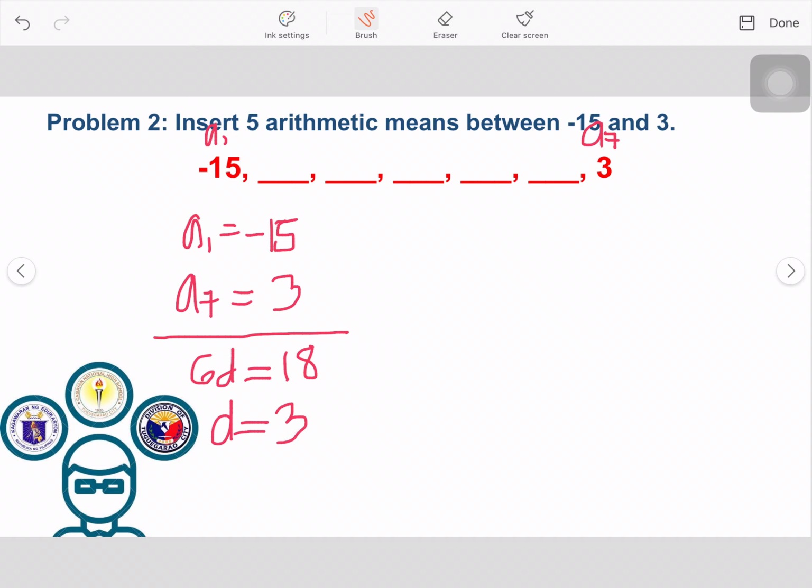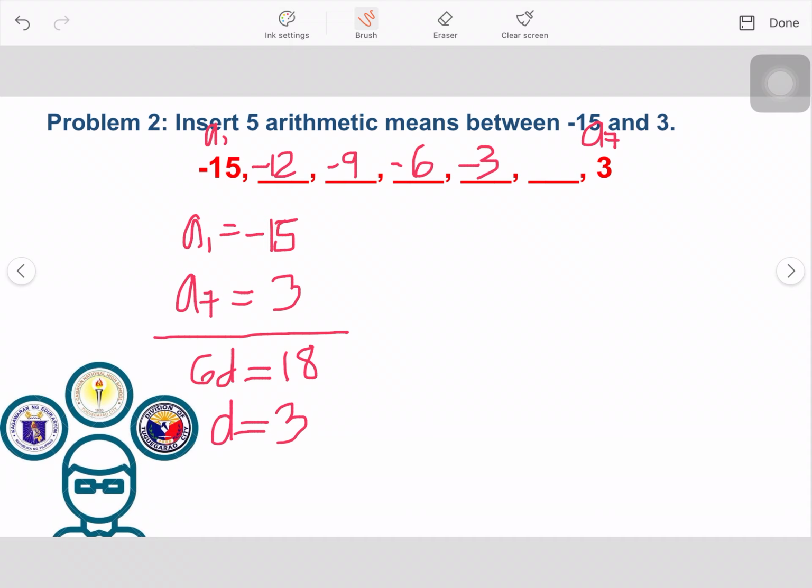Since I now know the common difference, I could get the second term. Negative 15 plus 3 gives me negative 12. Negative 12 plus 3 gives me negative 9. Negative 9 plus 3 will give me negative 6. Negative 6 plus 3 will give me negative 3.